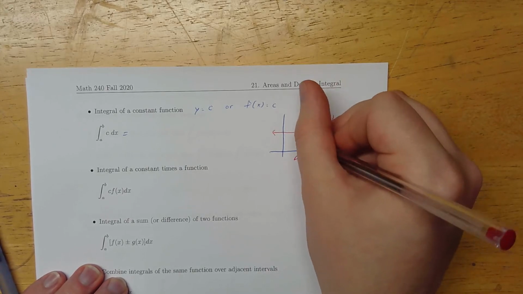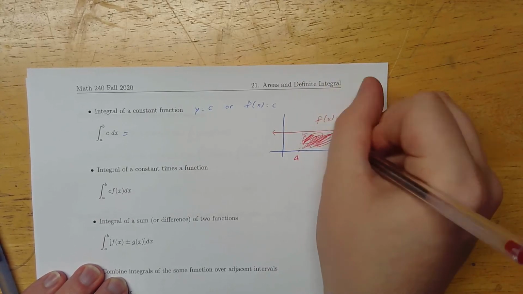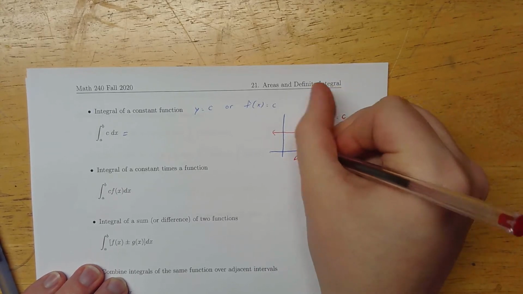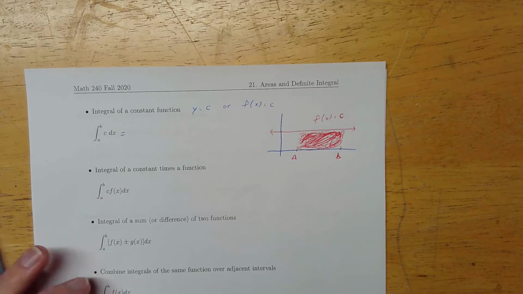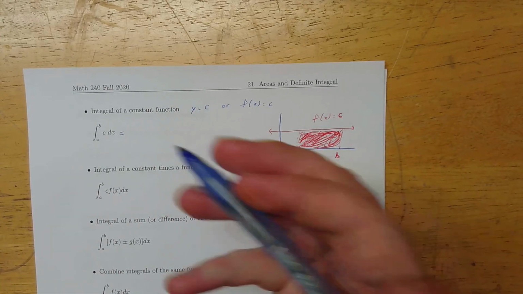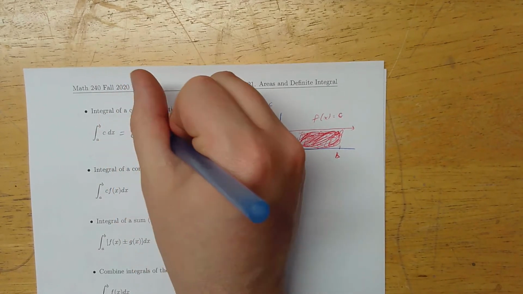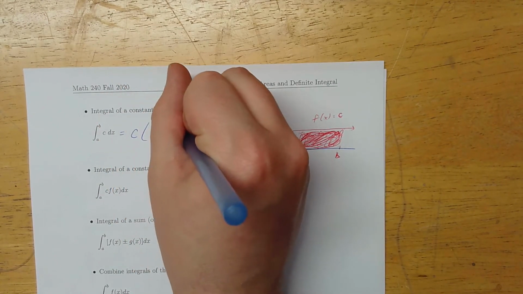Well, this is just a rectangle. Remember, the formula for the area of a rectangle is base times height, and the height is very clearly going to be c. The base will just be whatever b minus a is. So this will be c times b minus a.